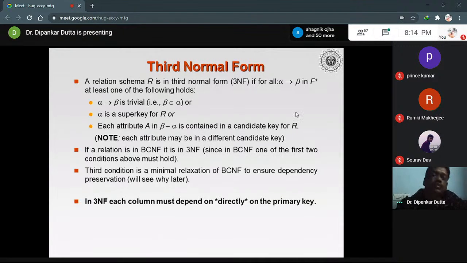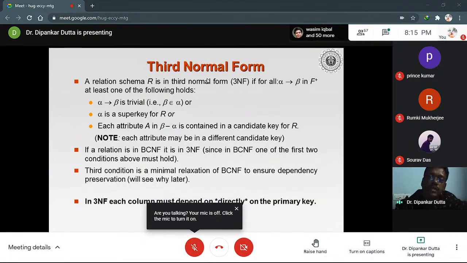So if any of these three conditions hold for all functional dependencies of the closure of a particular relation, then that relation is in 3NF.